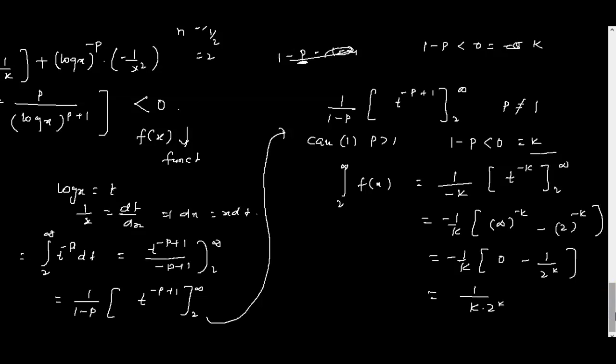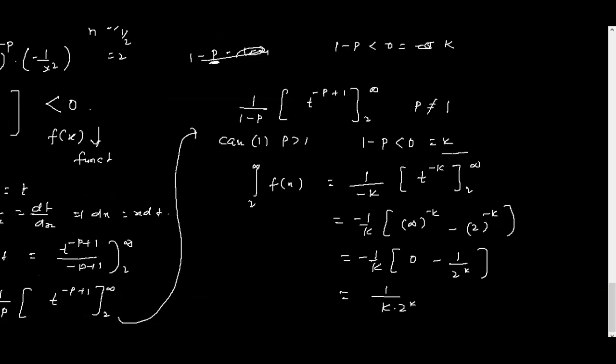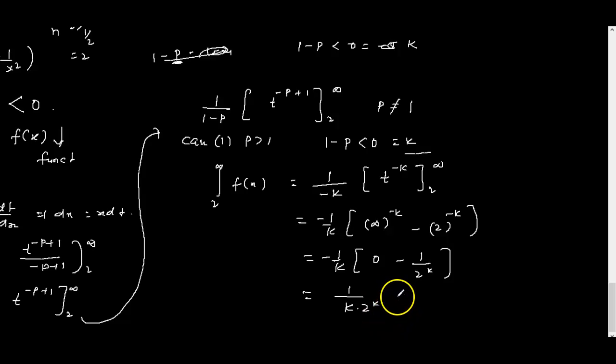Okay? And k is what? Some negative value only. So we'll get the finite value only. Getting? Finite value means negative or positive, whatever. That is convergent.